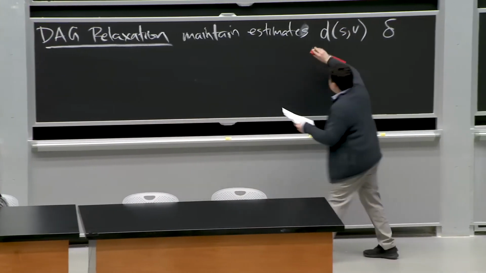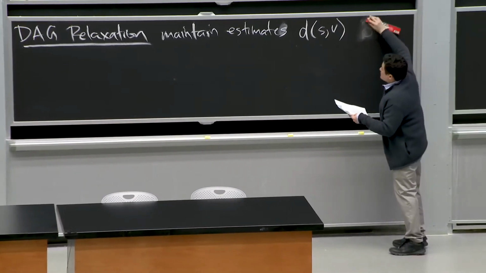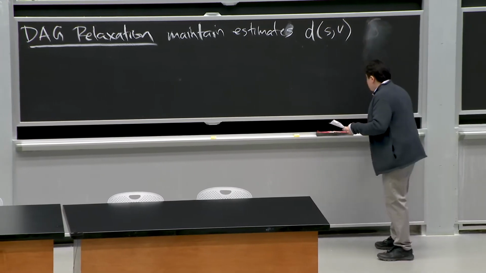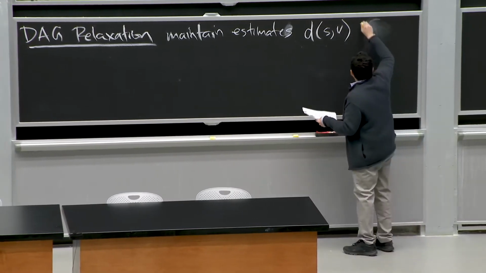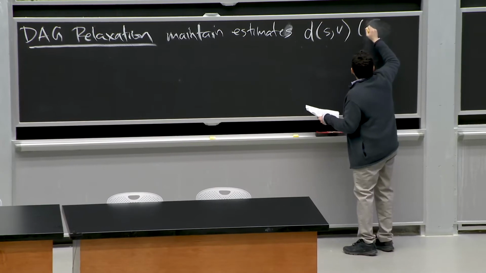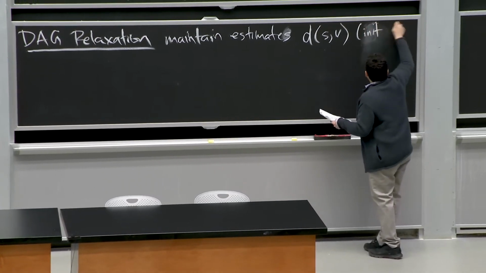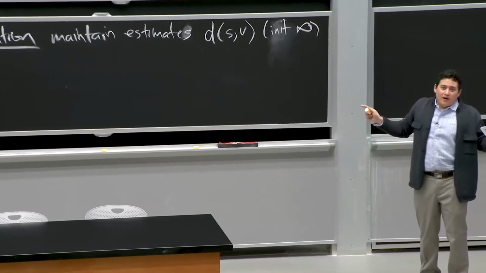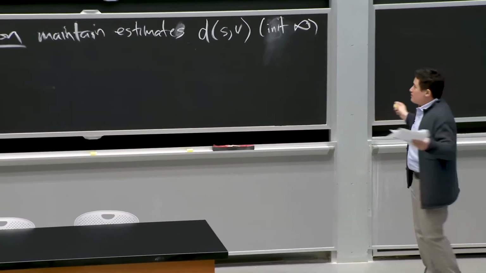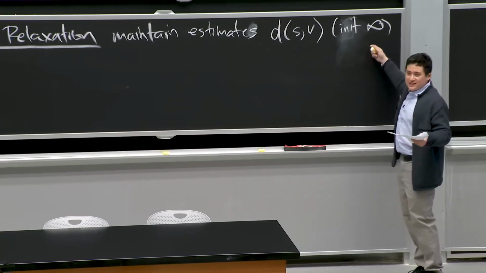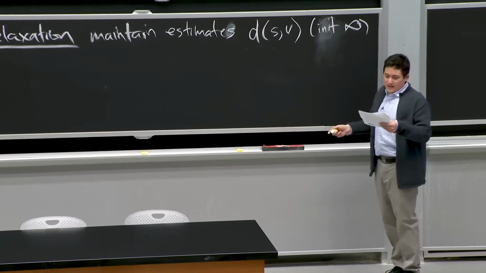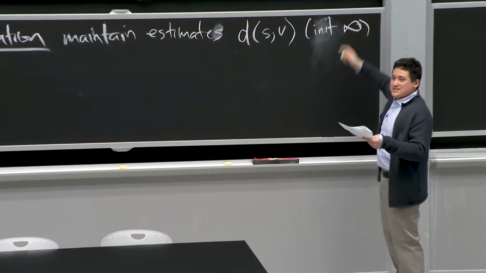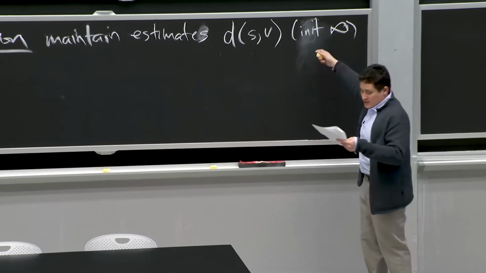So we're going to maintain these estimates of distance D, which are going to start out initially infinite, right? I don't know what the shortest paths are, but they better be less than infinite, or else I don't care. That's the worst case scenario. It can't be worse than this.